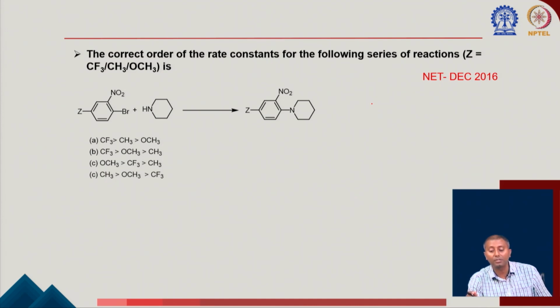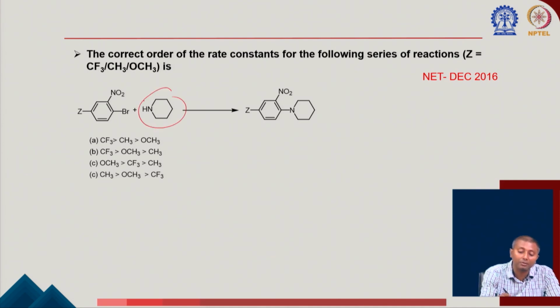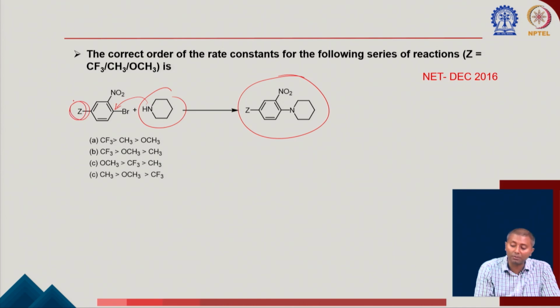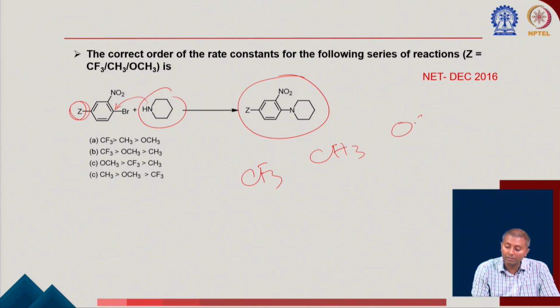Correct order for the rate constant for the following reaction, it will be very similar. I think here what is happening, you can see the nitrogen is attacking here, going for some sort of ipso substitution. For that, they are giving 3 different groups here for Z: CF3, CH3 versus OCH3.